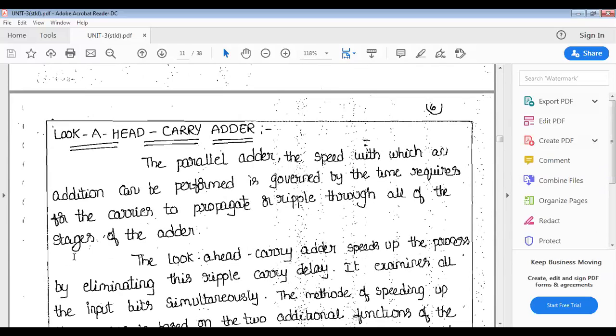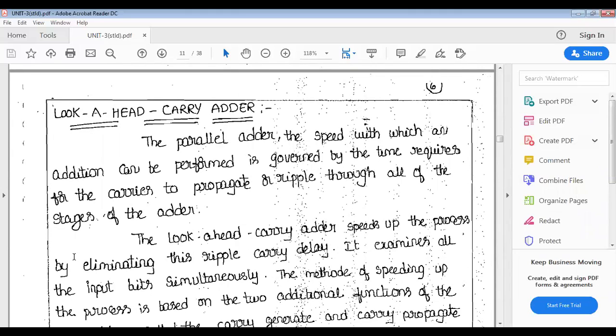Now let us go to another topic, the look ahead carry generator. It is also called a fast adder. In the 4-bit parallel adder and subtractor, every full adder waits for the carry of the previous full adder output.